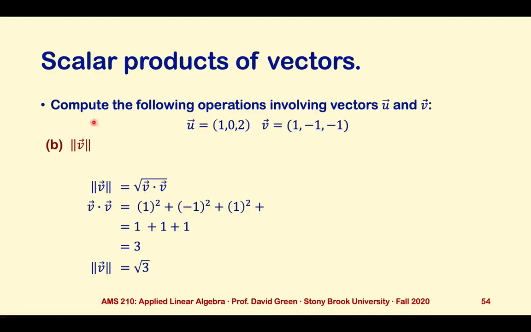Remember, this notation of 2 bars on either side of a vector indicates the norm, sometimes called the 2 norm, the Euclidean norm, which is, in geometric terms, the length of the directed line segment corresponding to that spatial vector. And the way we evaluate the norm is by taking the square root of the dot product of the vector with itself.